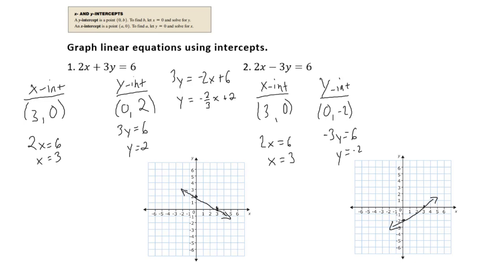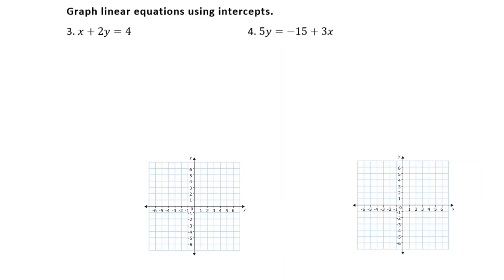All right, let's look at some more examples. Okay, again, we're going to graph using intercepts. We have our x-intercept with y being 0, y-intercept with x being 0. Plug in 0, you get x equals 4.